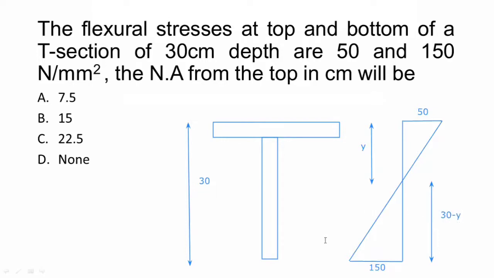So a simple cross multiplication will be there. Where is our neutral axis? It is here.